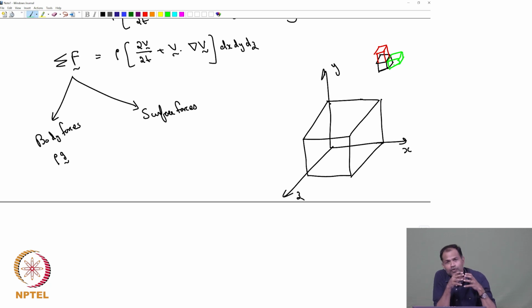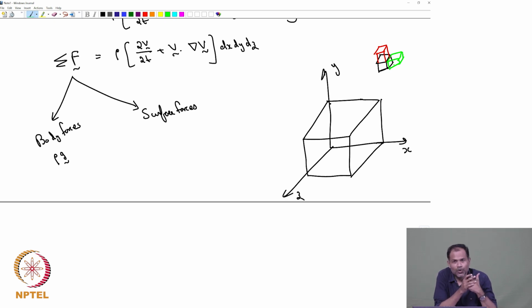The red fluid is going to exert some force on the black fluid, and the black fluid is going to exert some force on the green fluid. So, these are all forces exerted on the surface, and the force exerted is essentially proportional to the surface area, because that force is getting transferred across the area. Those are the kind of forces that you call surface forces, and there are two surface forces.